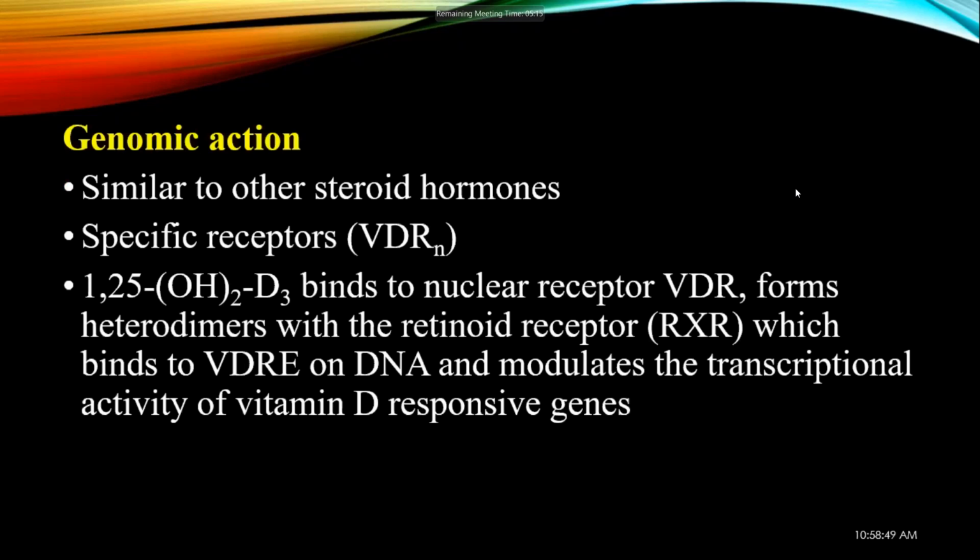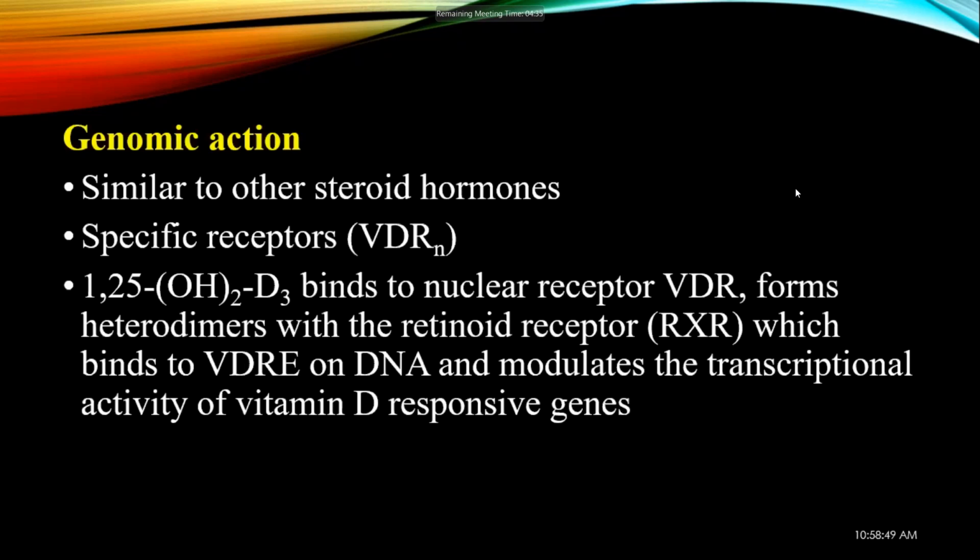And like other steroid hormones, thyroid hormones, or vitamin A, vitamin D can easily be transported across the cell membrane and the nuclear membrane. So they can easily enter the nucleus. In the nucleus, calcitriol binds with specific receptors called VDR, that is the vitamin D receptors.